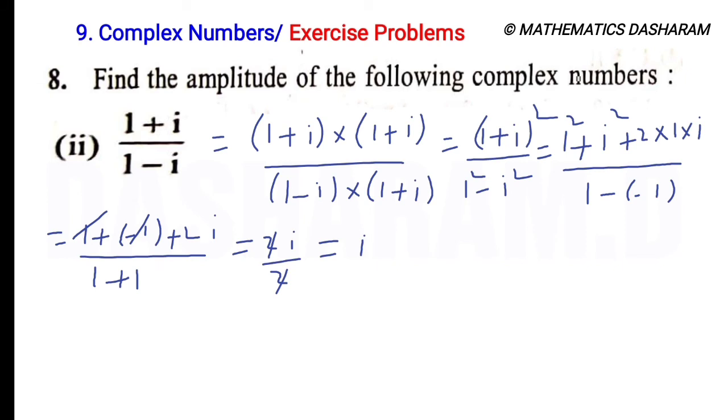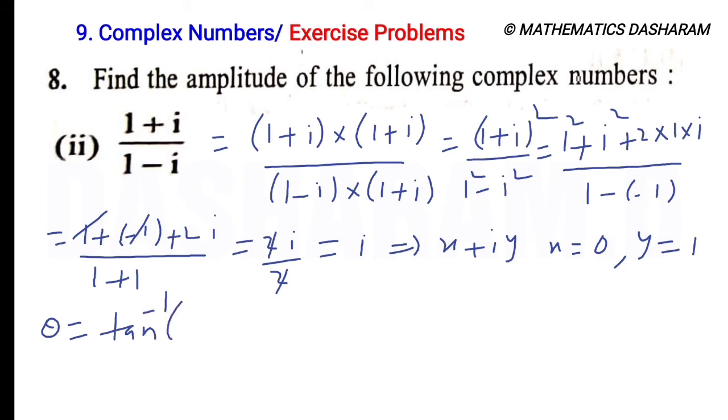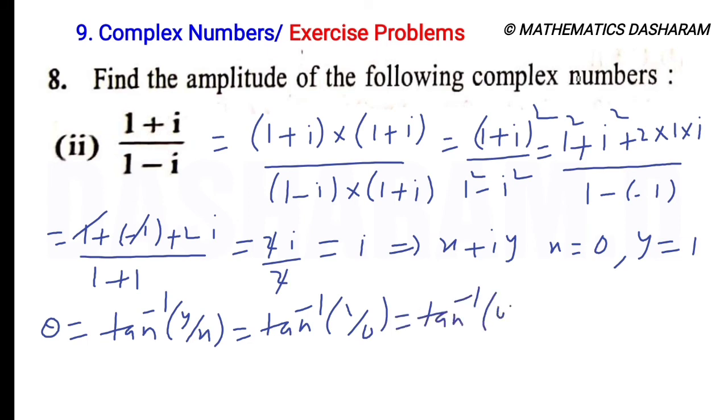Now compare with x plus iy. Then x equals 0 and y equals 1. Then theta, the amplitude of the given complex number, is tan inverse y by x. So it is tan inverse of y value 1 and x value 0. Tan inverse y by x is undefined.